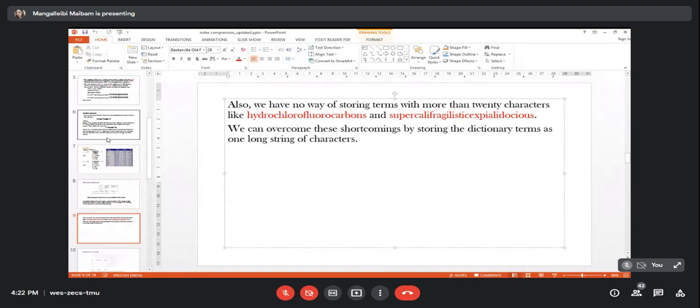So we can overcome these shortcomings by storing the dictionary terms as one long string of characters. So we will see that.